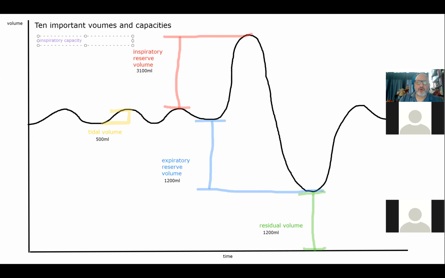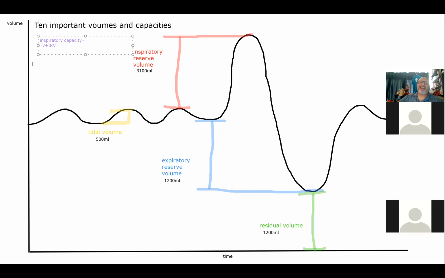The inspiratory capacity is basically how much air you are capable of inhaling. So if you think about it, that inspiratory capacity would be the air you normally bring in with a normal breath, that would be your tidal volume, plus all of the extra space of air that you have to bring in air, your inspiratory reserve volume.